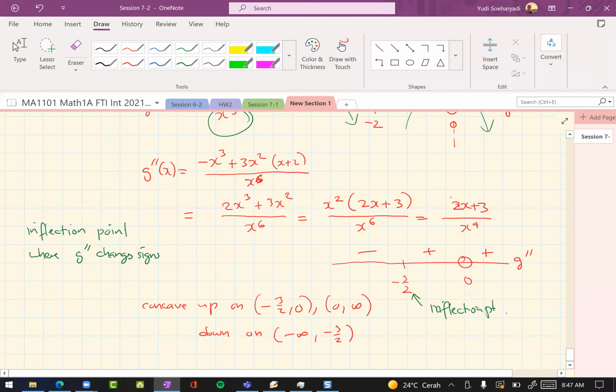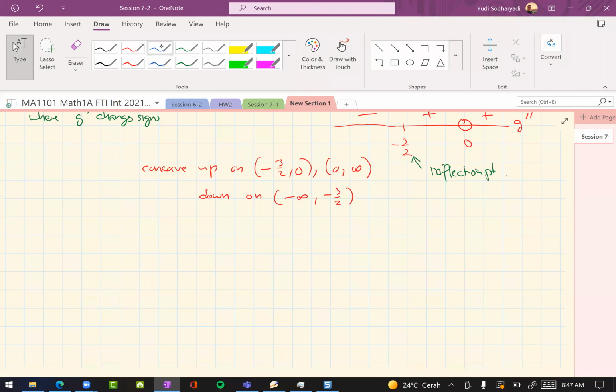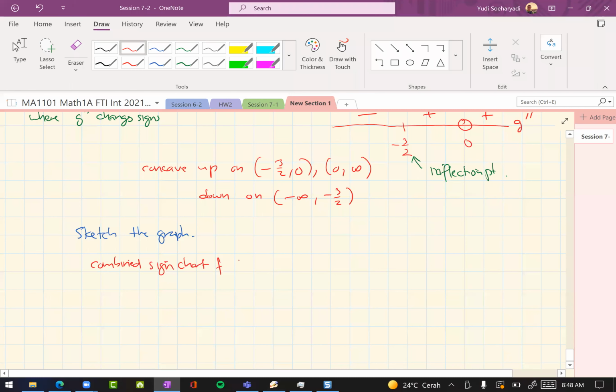so in the end, the question is sketch the graph. So what we need here is to find the combined sign chart for F prime and F double prime.